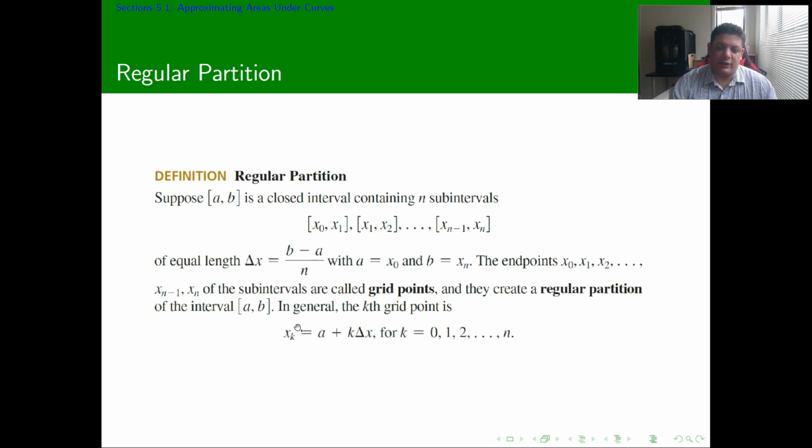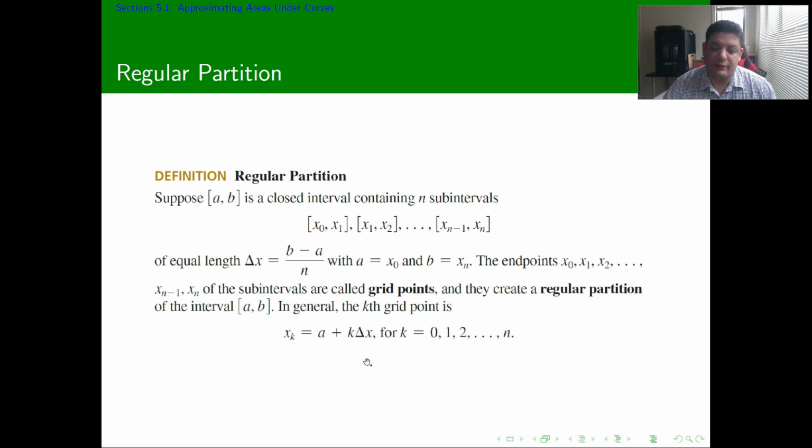In general, you can always find the xk element by taking the initial number a plus k times delta x, since this is a fixed amount of distance.